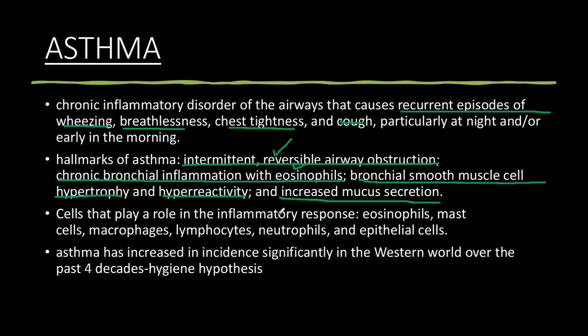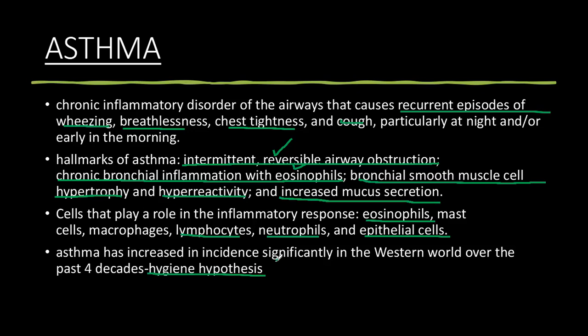Now, the cells that play a role in that inflammatory response include the eosinophils, mast cells, macrophages, lymphocytes, neutrophils, and the epithelial cells. Recently, there has been an upward trend in the number of cases of asthma in the Western world. And this can be explained using the hygiene hypothesis, which states that due to a lack of exposure to environmental microbes at an early age, children who live in extremely clean environments do not have their immune system trained at an early age.